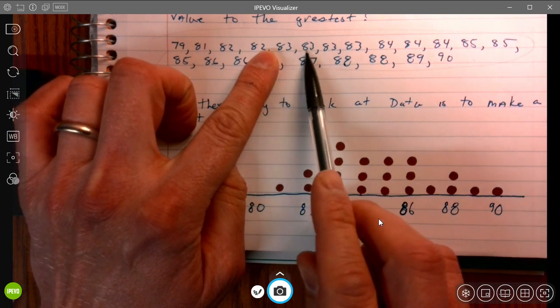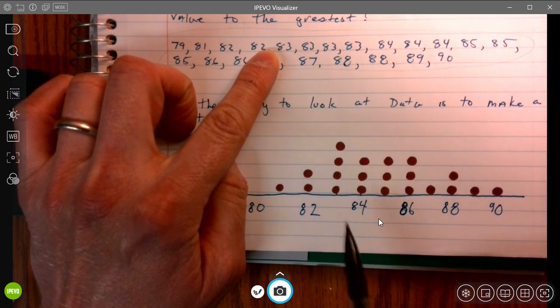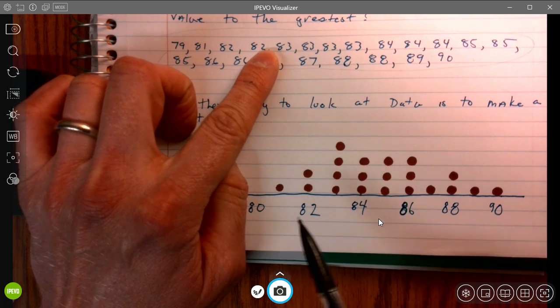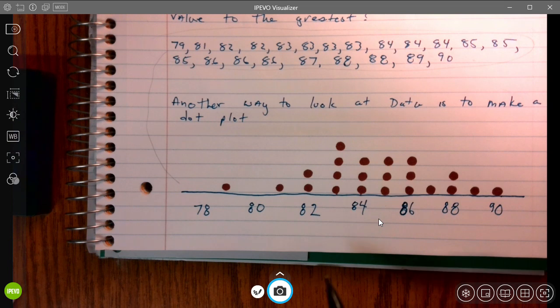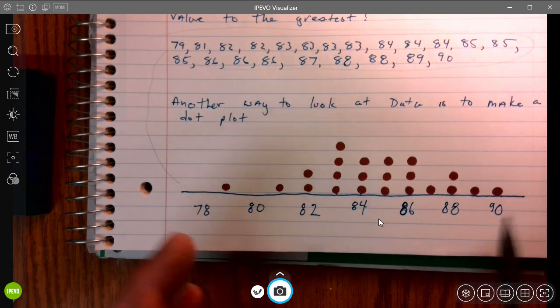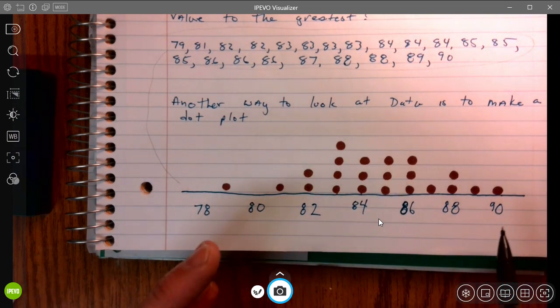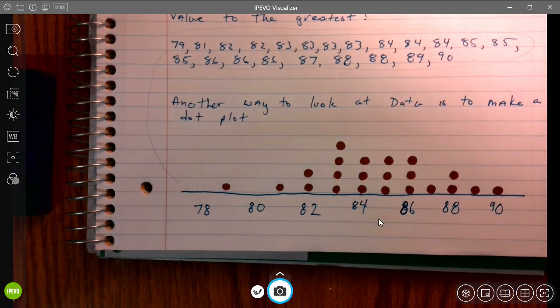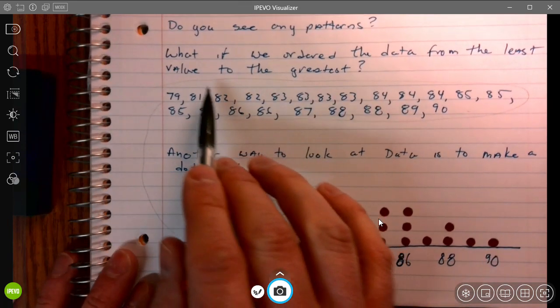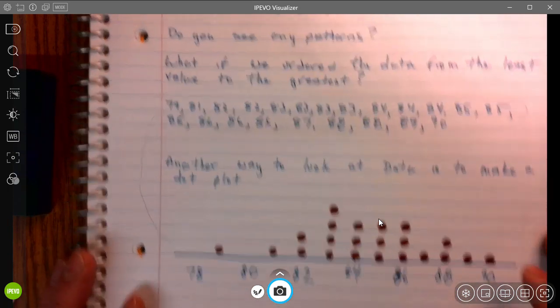There are 1, 2, 3, 4 83s. There are 4 students that have a heart rate of 83, so I put 1, 2, 3, 4 dots. So all this is a way to visualize data, and it becomes easier for us to identify things like minimum, maximum, range, approximate center, and to interpret this information that we collected about heart rates.